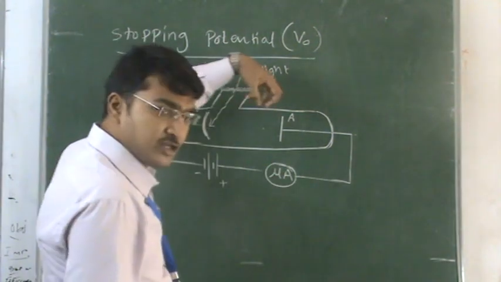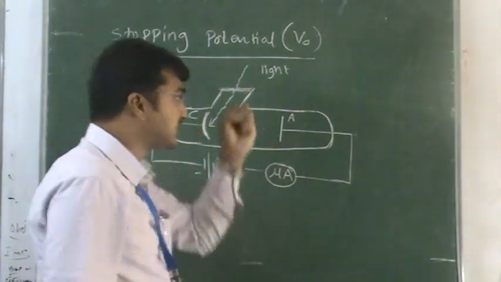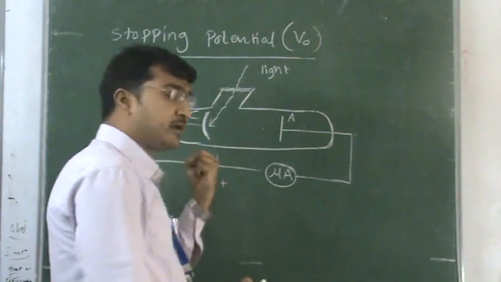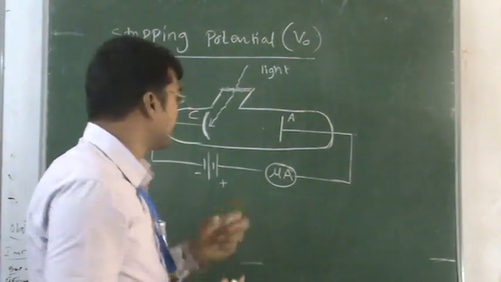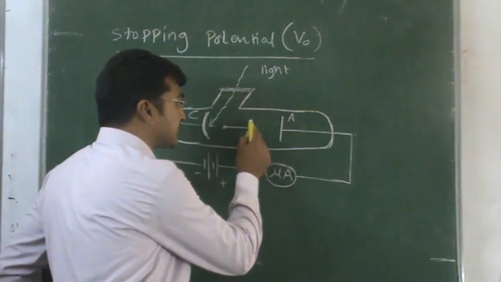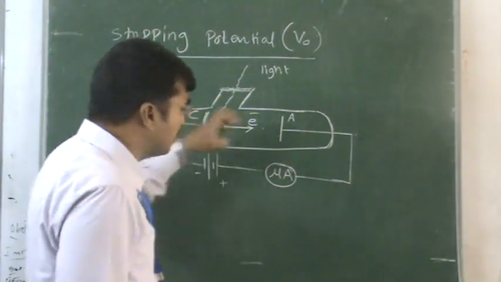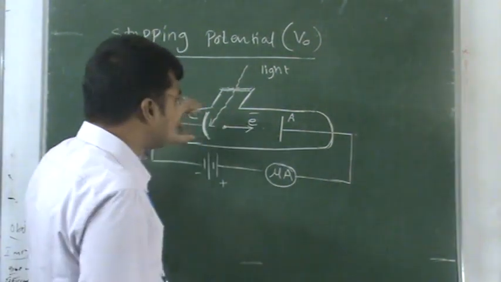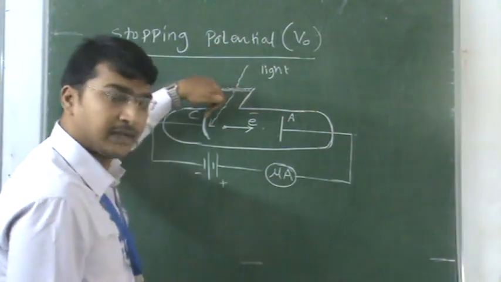When light of some energy falls on the metal plate, a certain amount of that energy is absorbed by the metal, which is used to eject the electron; that we call the work function. So the electrons are ejected from the cathode plate. I am giving the symbol for only one electron here, but a large number of electrons are emitted every second when the light falls on the cathode plate.